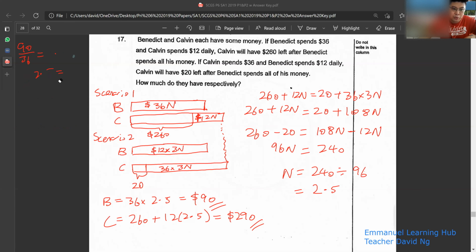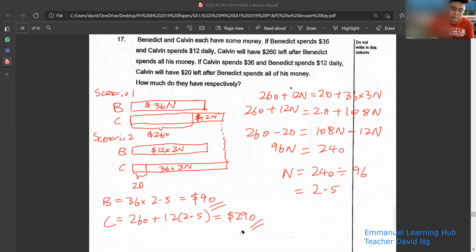Because in an exam, let's say you do by algebra, you do this way, model drawing, then you find that your N is 2.5. Then you scratch your head, how can the number of days be 2.5? But you still continue to work out the answer.